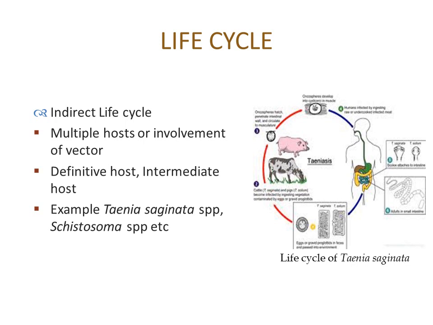Indirect life cycle involves multiple hosts or the environment of a vector: a definitive host and an intermediate host. Example: Taenia saginata and Schistosoma species, etc.